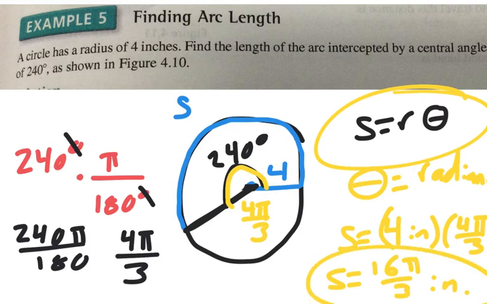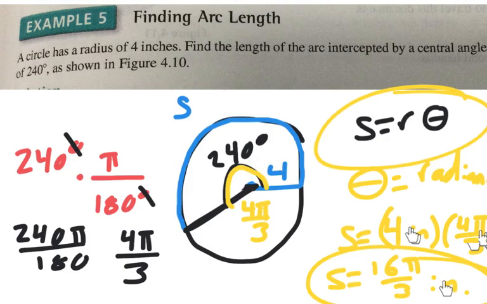And notice my units are in inches. Think about the problem that would occur if I multiplied degrees by inches. Then my answer would be in degree inches. That doesn't even make sense because degree inches is not a unit that we can use. But when we write it in radians, radians are unitless. We don't have to include radians.